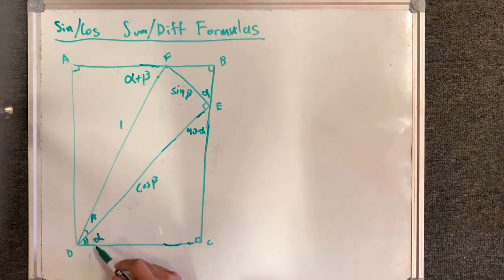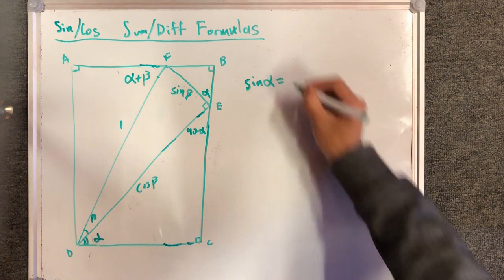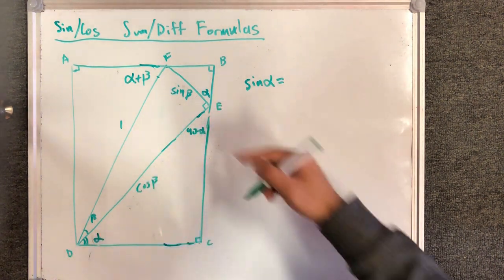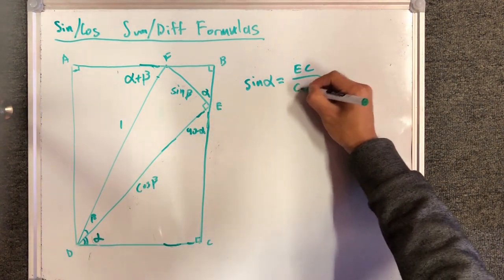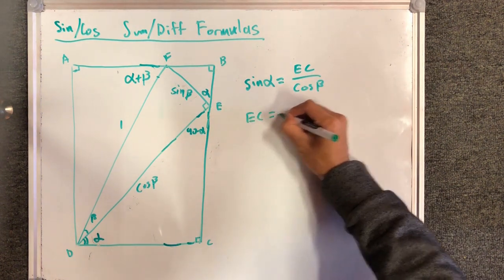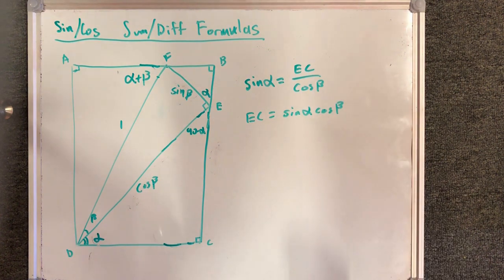cosine beta. If we look at alpha, we realize that if I take the sine of alpha, this will be exactly the same as EC over DE. So EC over DE, which is cosine beta, solving for EC. EC gives sine alpha cosine beta.